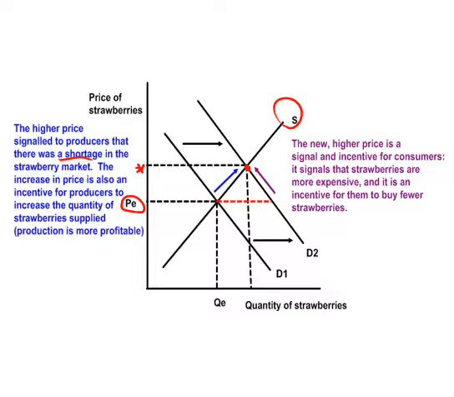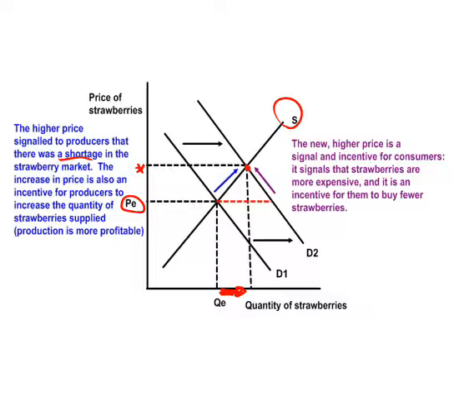The increase in price is also an incentive for producers to increase the quantity of strawberries supplied, so production is more profitable. So we've increased production from this point to this point in response to the higher price. And if we think of the law of supply, as price increases, quantity supplied increases, and lo and behold, we did with this increase here.